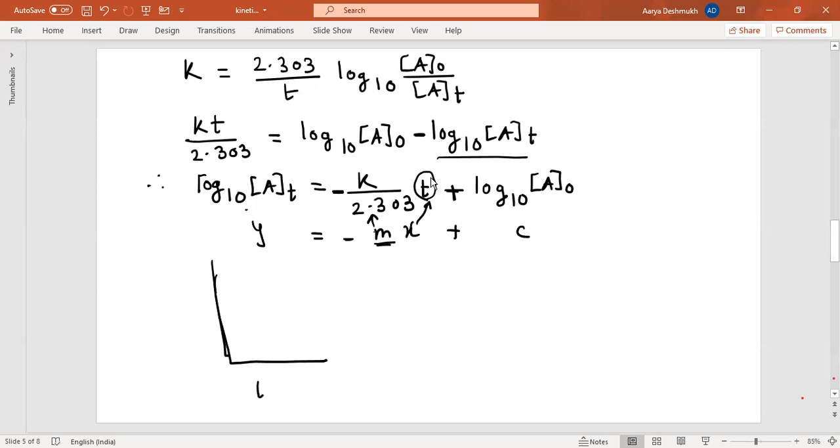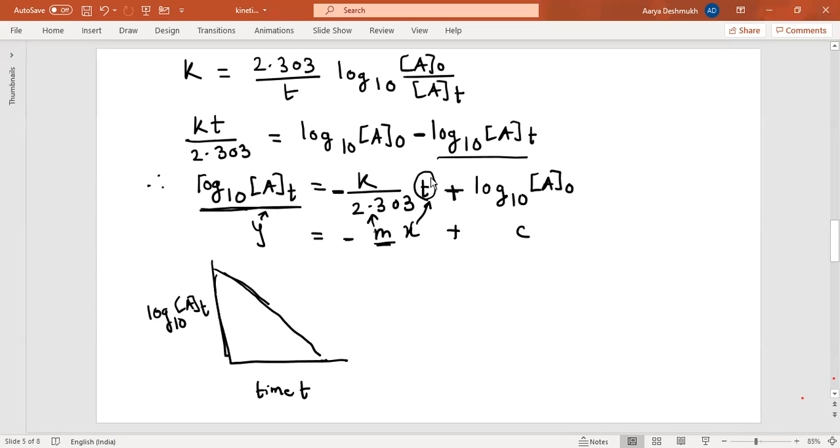So you write here time on the x-axis, and on the y-axis, you write log to the base 10 concentration of A at time t. Now, if you plot the graph for this, you will get such type of graph.